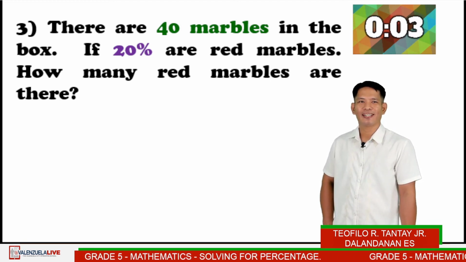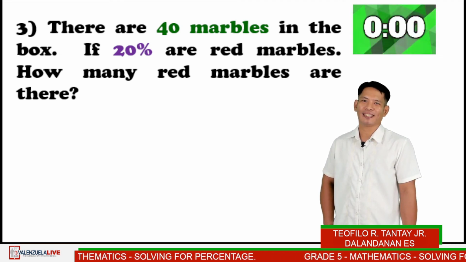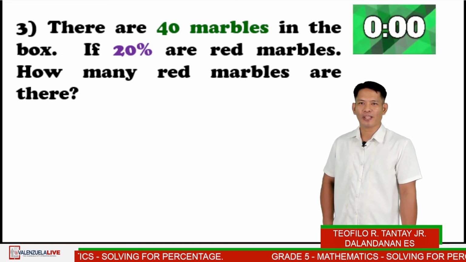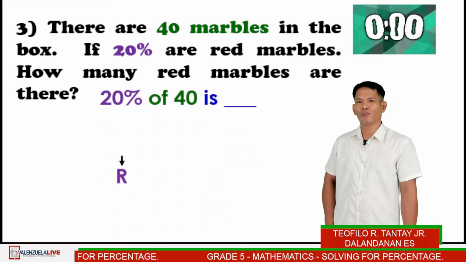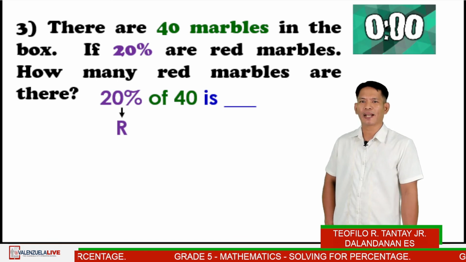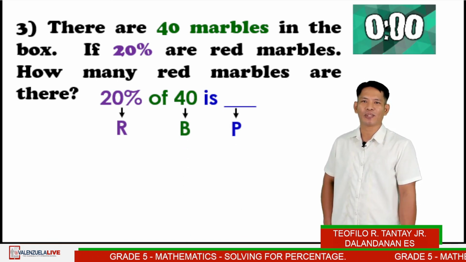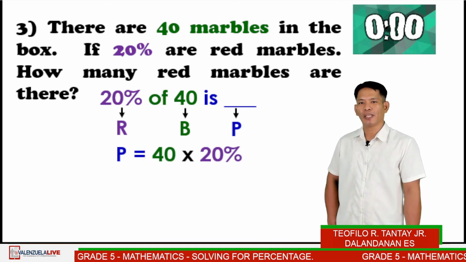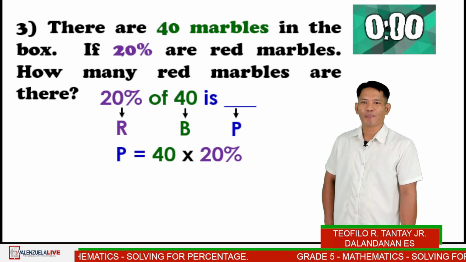Five, four, three, two, one. Time's up. Okay. So what is 20% of 40? We have 20% is the rate, 40 is the base, and the missing element is the percentage, which is P is equal to 40 times 20%.